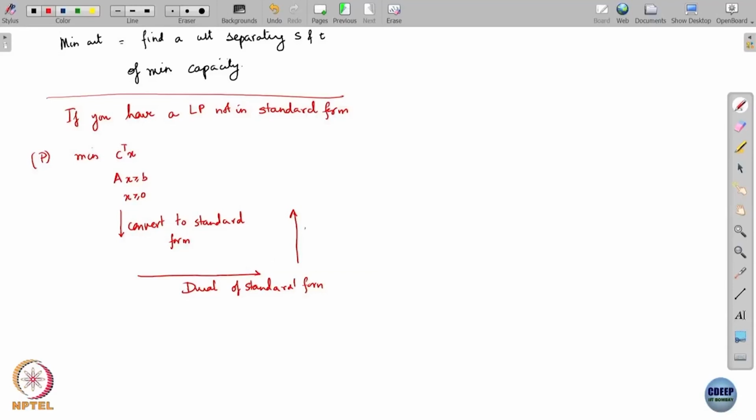Do a few manipulations if possible, and that will give you a dual problem.